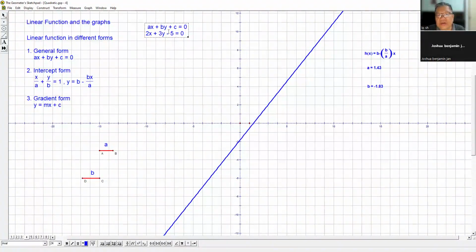And this can be represented by a straight line like this. But in this general form, the values of a, b, and c don't carry any meaning.